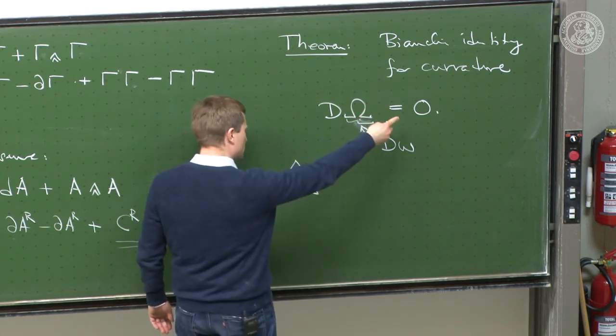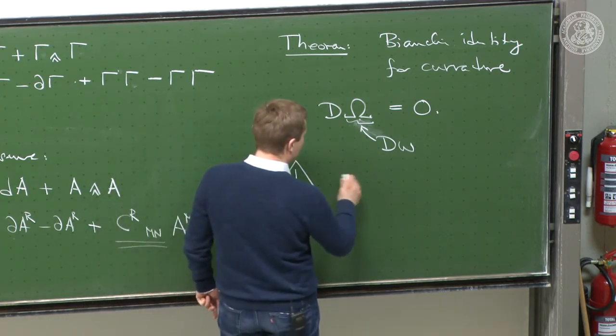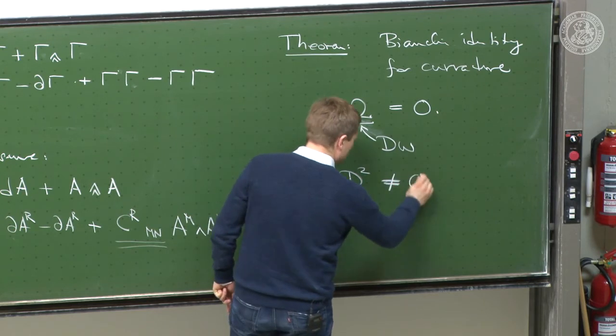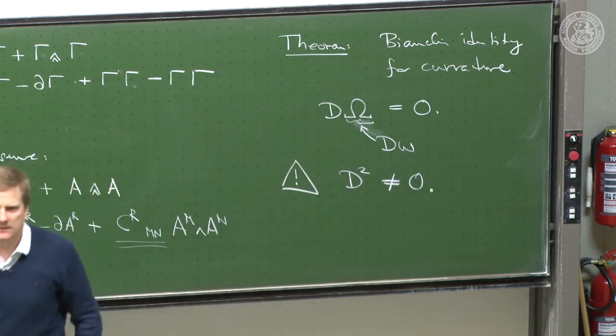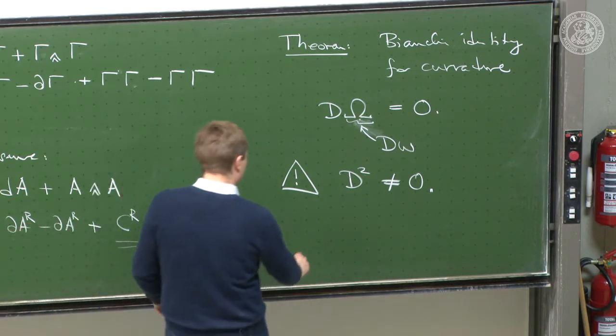So while this is true, there is this caveat that in general, the d squared is not 0. Right? So the covariant exterior derivative squared is not 0 on everything, but it is 0 on the curvature. So the proof is not that simple. Okay? But it's not that difficult either, and it goes to the problem sheet.